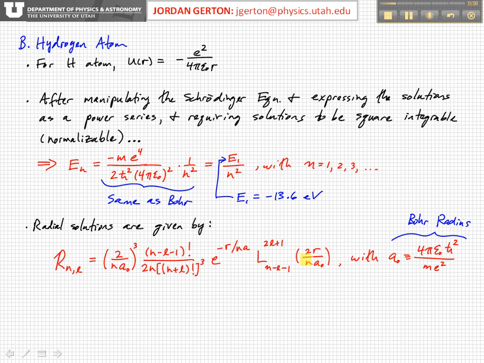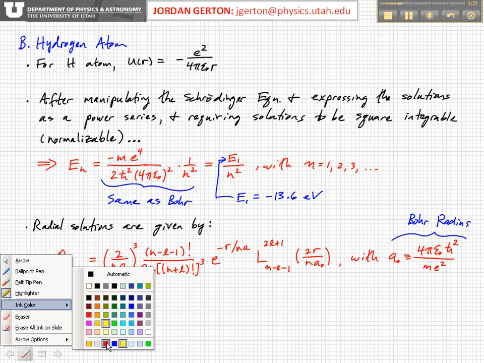And we see that there's this constant a naught that pops up. A naught is called the Bohr radius, and it's a combination of constants: 4 pi epsilon naught h bar squared over m e squared. m is the mass. In this context, m is the mass of the electron.